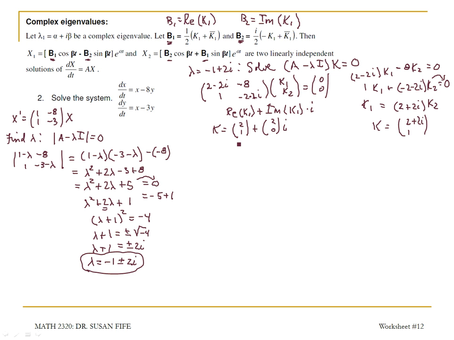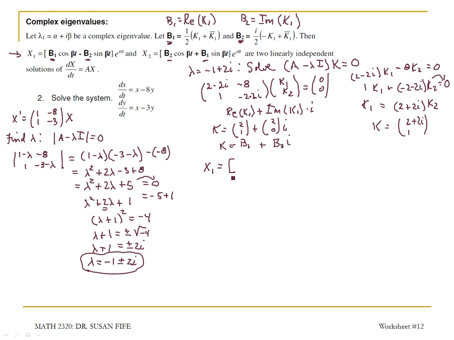Okay, so our B1 is this vector 2, 1, and our B2 is this vector 2, 0. And we get solutions. Up here I'm looking at our solutions. X1 is B1 cosine beta t.